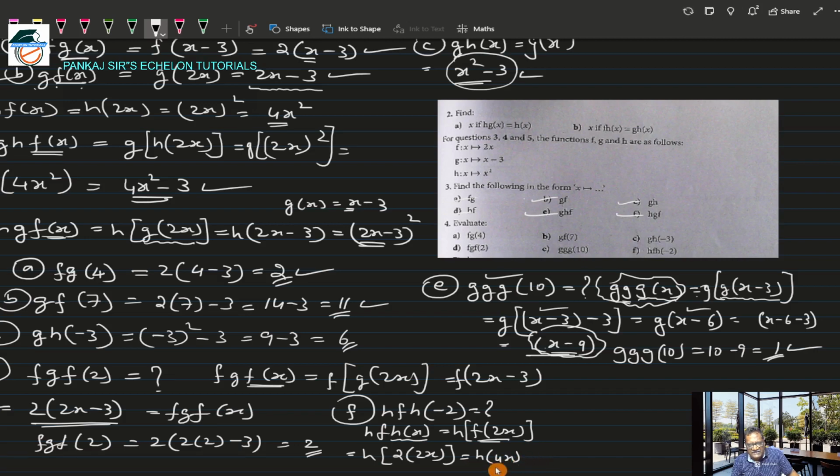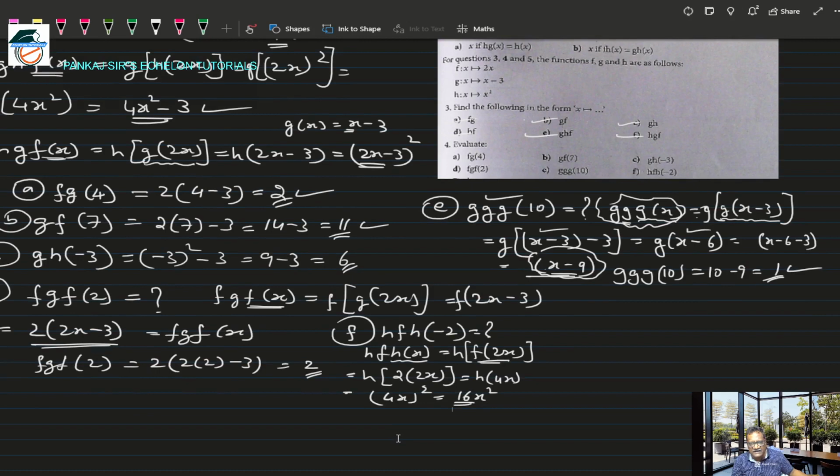Now H of 4x, if you want to work out, H of x is x squared. So it is 4x the whole square, which is equal to 16x squared. Now this is what you got. They have asked you HFH of minus 2.